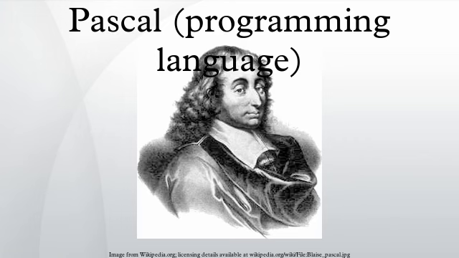Springer Verlag, 1974, 1985, 1991, ISBN 0-387-97649-3 and ISBN 3-540-97649-3. Niklaus Wirth, Algorithms plus Data Structures equals Programs.